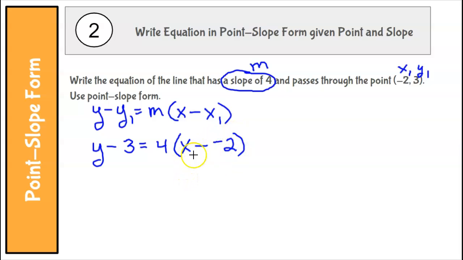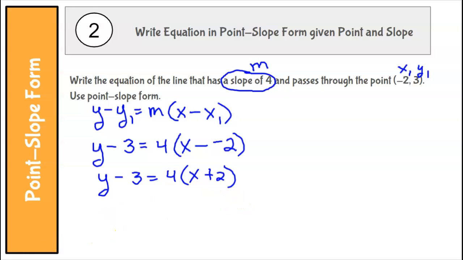So rock stars will see anytime one of the coordinates, one of the x or y is negative, when you substitute it into this form, it's going to make it a plus, a positive. Minus a negative we replace with plus. And that's it. It says to use point slope form, and we did. That's all you have to do for that.